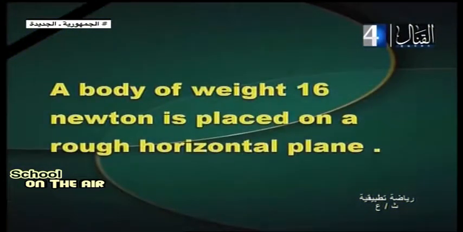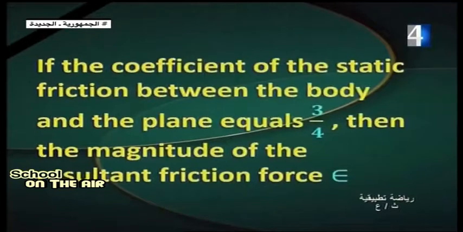Now we translate to another example. A body of weight 16 Newton is placed on a rough horizontal plane. If the coefficient of static friction between the body and the plane is 3/4, then the magnitude of the resultant friction force belongs to what?